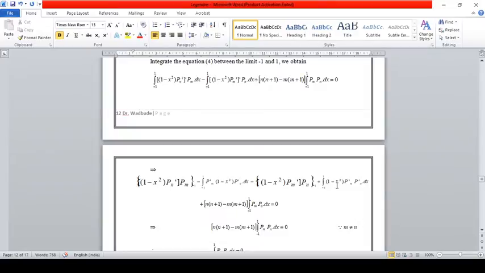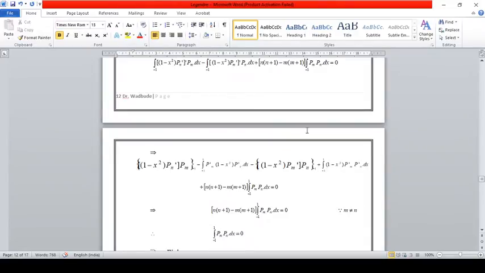Last, this is constant, so the integration of P_n between limits minus 1 to 1 is equal to 0.